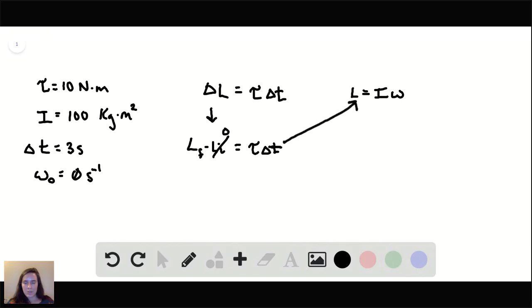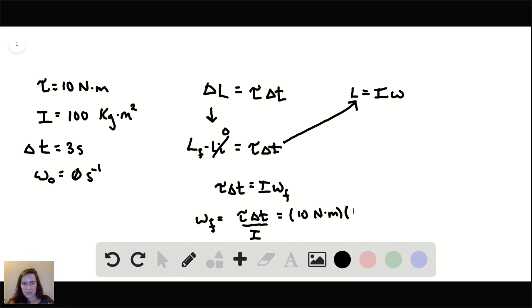I like to leave everything algebraic until the very end. So my angular momentum, torque delta t, is equal to I omega final. So omega final is torque delta t divided by my moment of inertia. So that's 10 newtons times meters, delta t was 3 seconds, and my moment of inertia was 100 kilograms times meters squared.